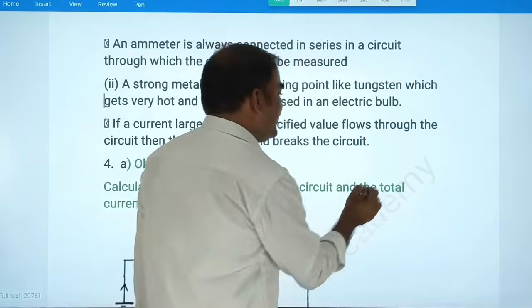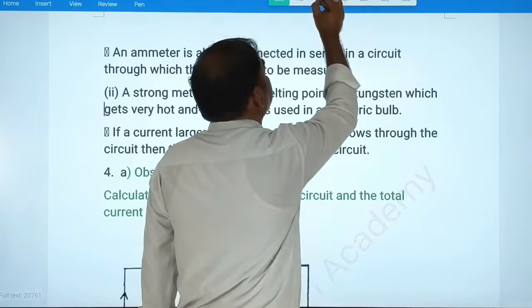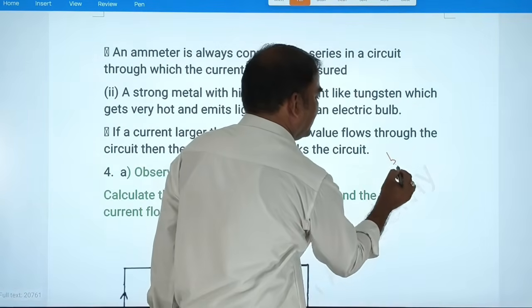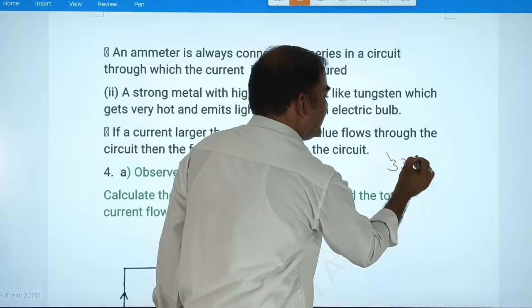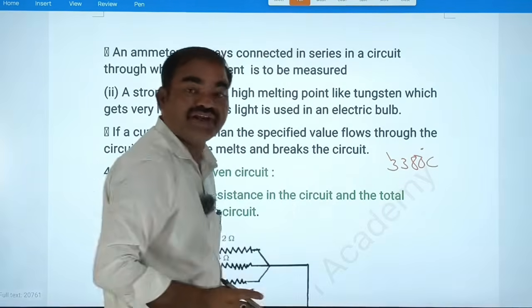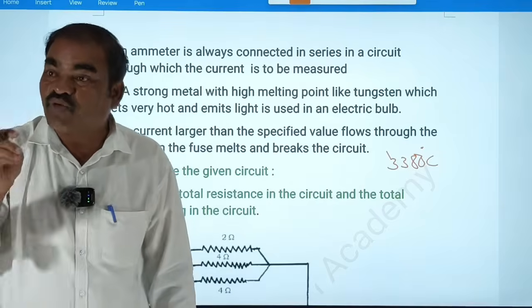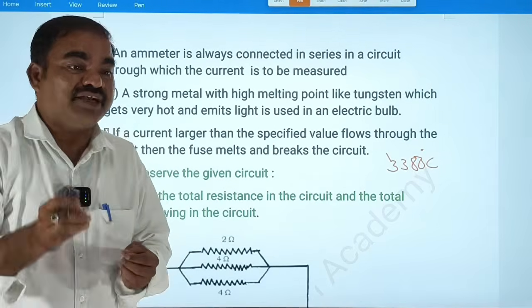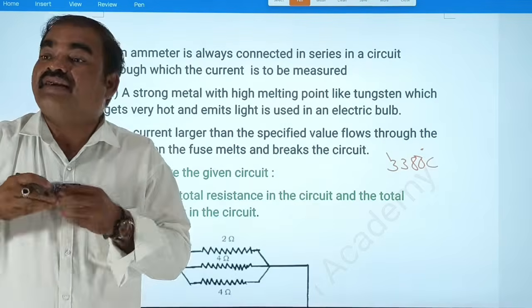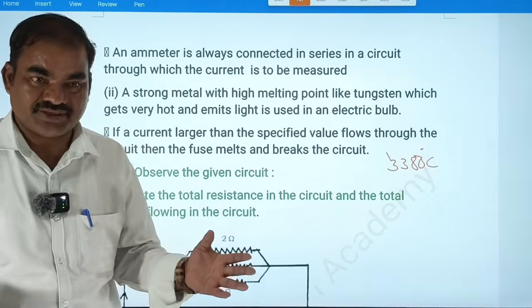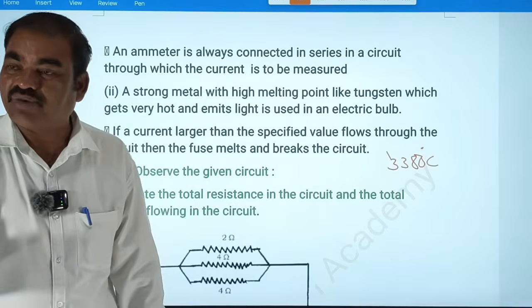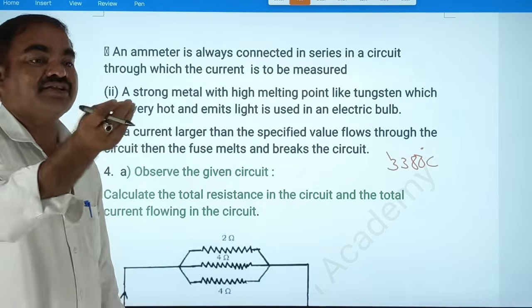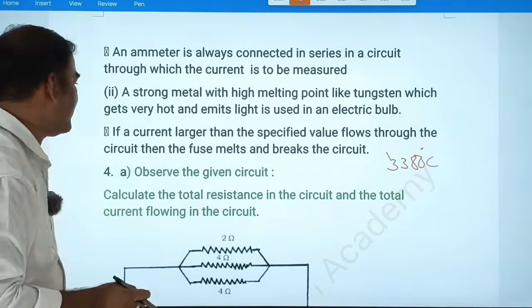According to NCERT, it is having 3380 degrees Celsius, a very high melting point. So what it does is, it has high resistance and high melting point. Due to that, it becomes very hot and emits very high light.